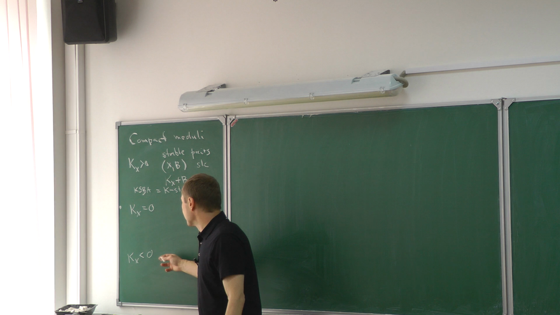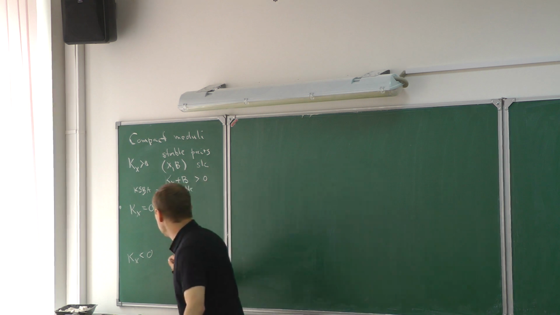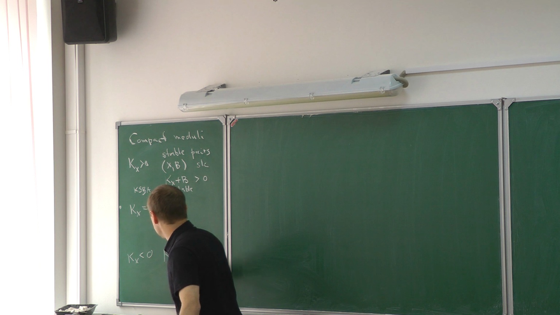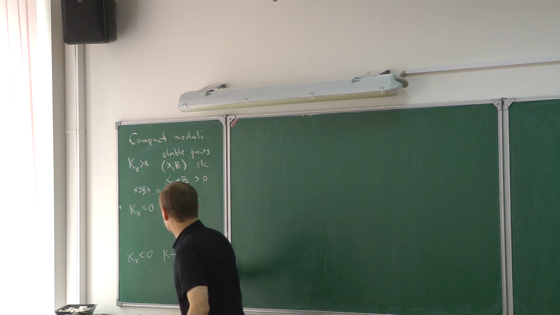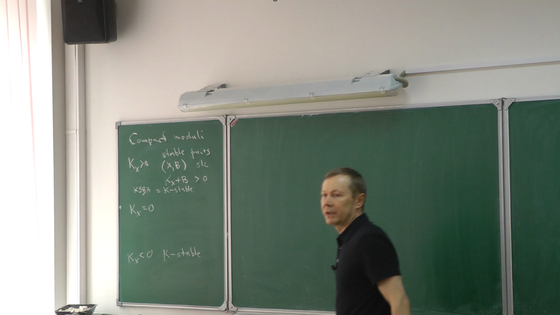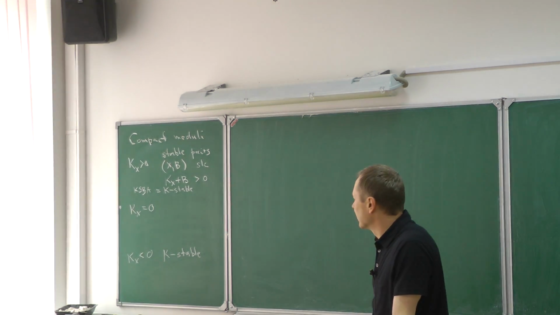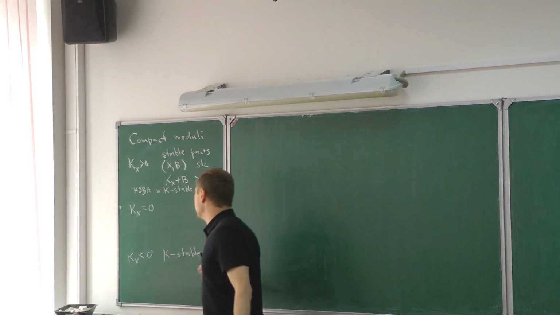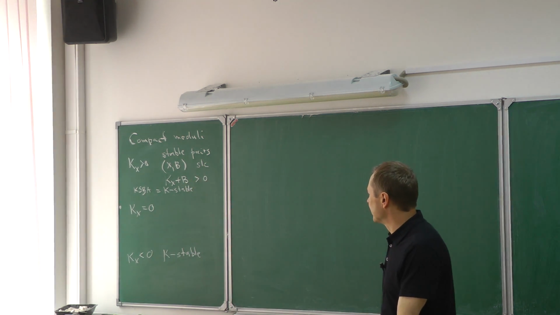Now for the negative canonical class, there are several talks here already. One looks at K-stable Fano varieties, semi-stable, polystable, etc. And that seems to be the right moduli space to consider.